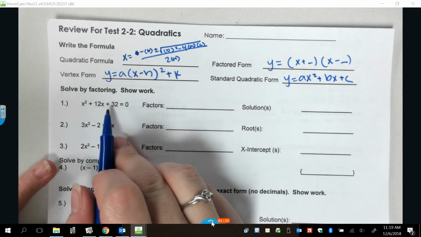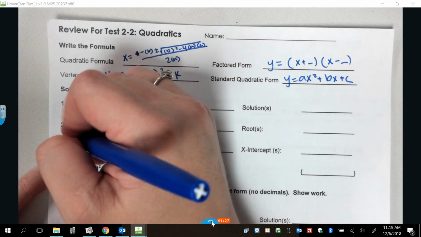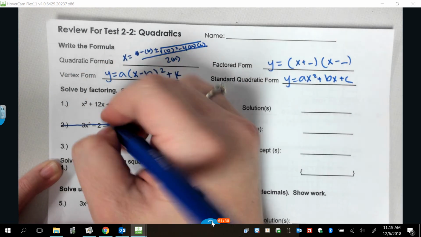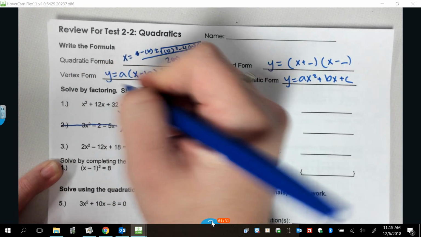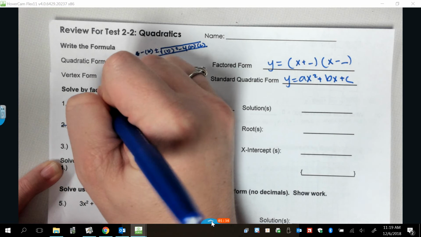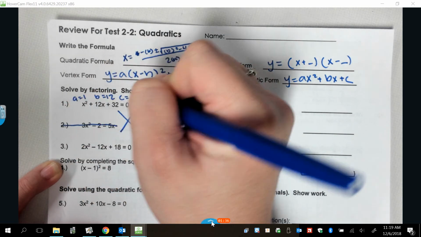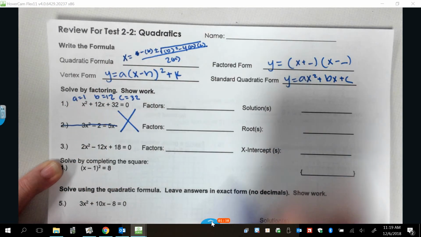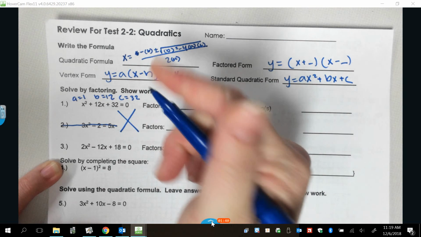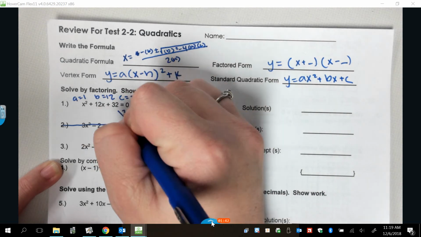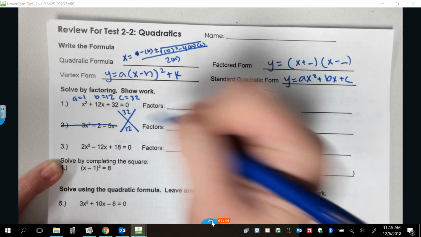So factors, remember I said don't do number 2. So you can do a equals 1, b equals 12, c equals 32. Okay, so we do a times c, which is 32, over b, which is 12.